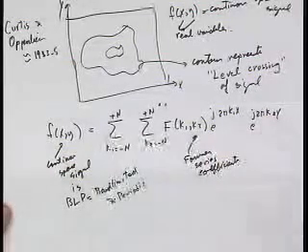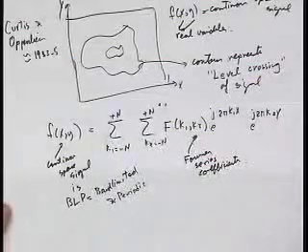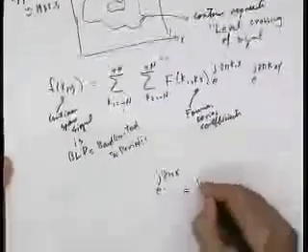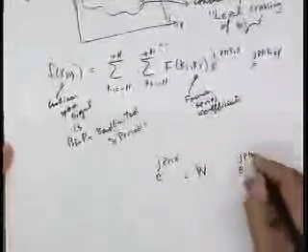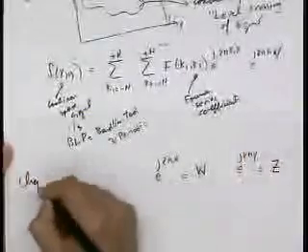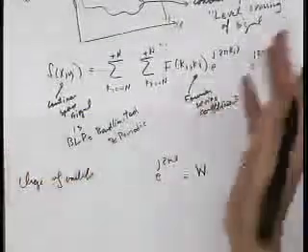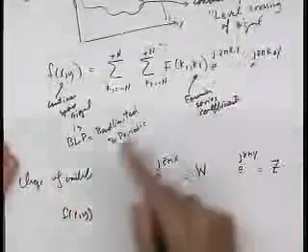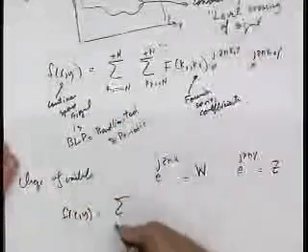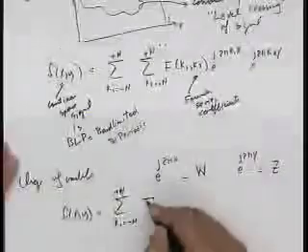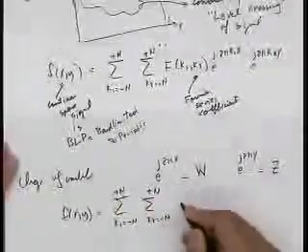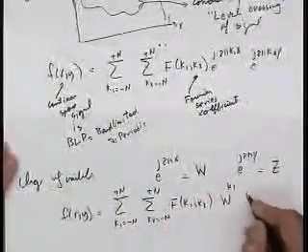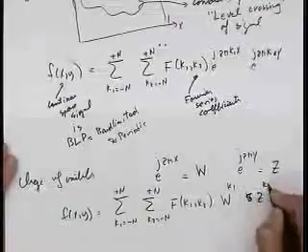Okay, so how can I make this a polynomial? By now this must be a really obvious trick to you guys: you can say e to the j 2 pi x is one variable w, e to the j 2 pi y is another variable z. So we do this change of variables, and now what I have is a two-dimensional polynomial. So f of x comma y becomes the sum over k1 from minus n to plus n, k2 from minus n to plus n, of f of k1 and k2, w to the power of k1, z to the power of k2.